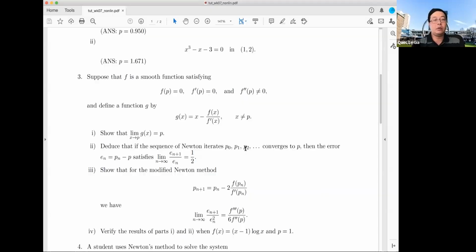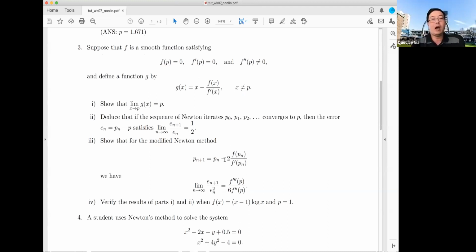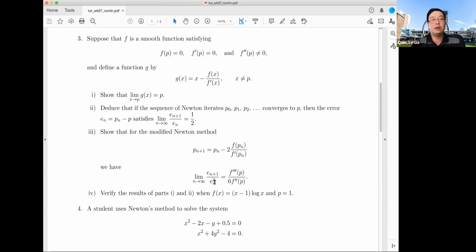Okay, so you can use the same trick. I leave it to you to prove this formula. So if you modify the Newton method by multiplying by the number 2 here, then you recover the quadratic convergence. And you use the same tricks.